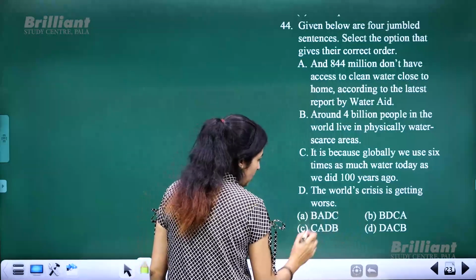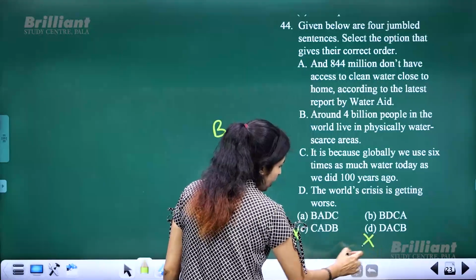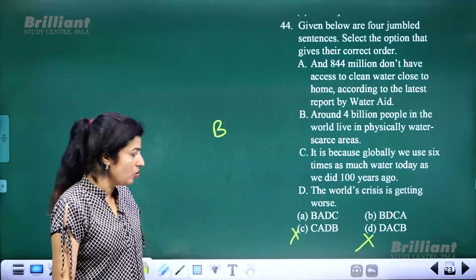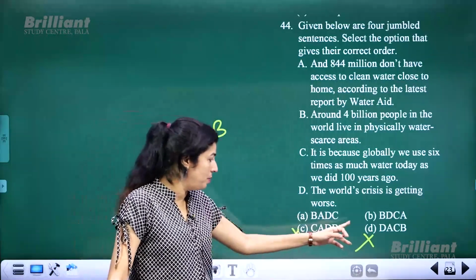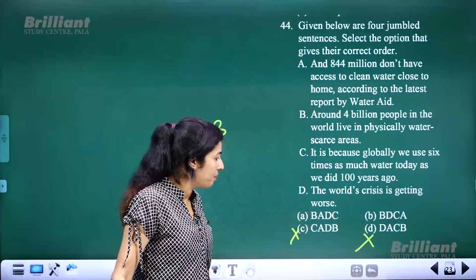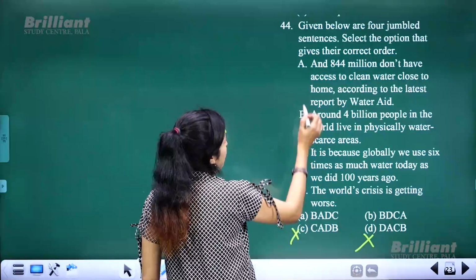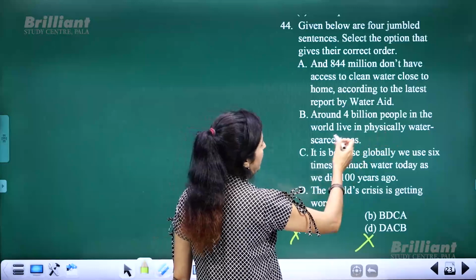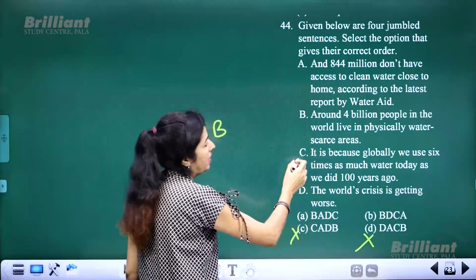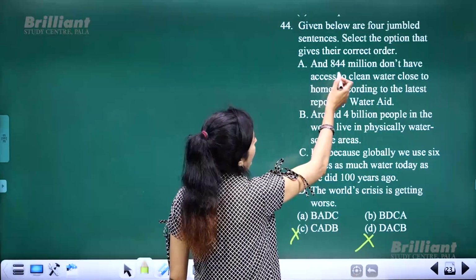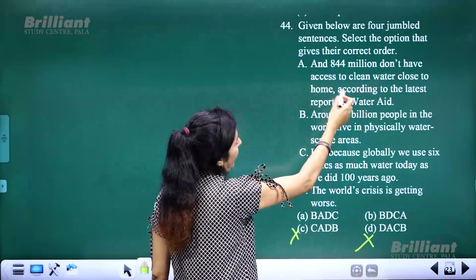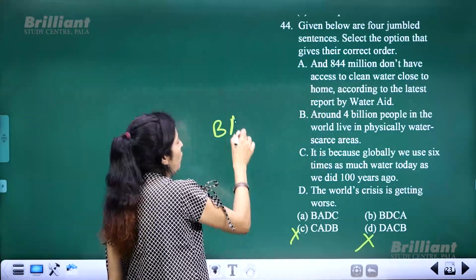A and B. So strike this off. No need to focus on these two, A and B. B, A, D, C. Around 4 billion people in the world live in physically water scarce areas and 844 billion do not have access to that. Means B, A could be taken.